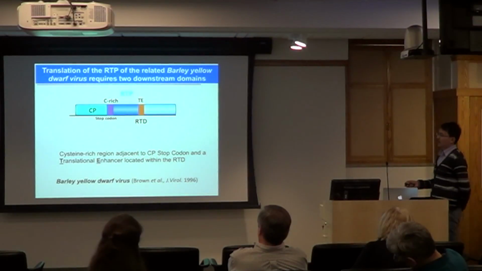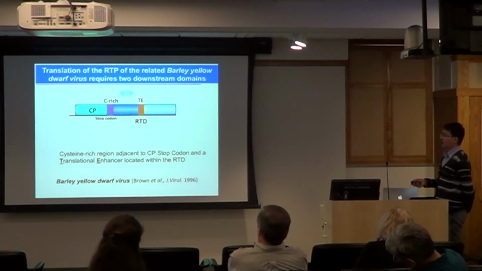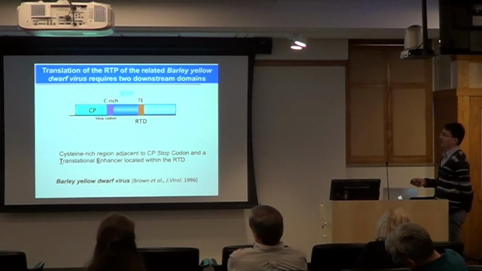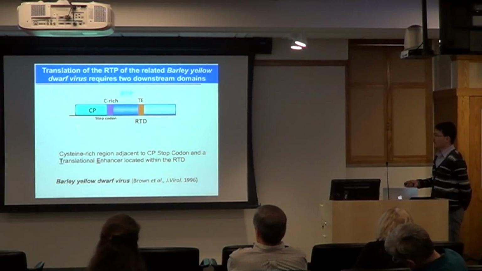When they deleted these two domains, the RTP protein couldn't be detected. However, there is no further information about the mechanism and how the read-through is regulated. It has been unknown until now. So in our research, we focus on studying the mechanism between these two regions.